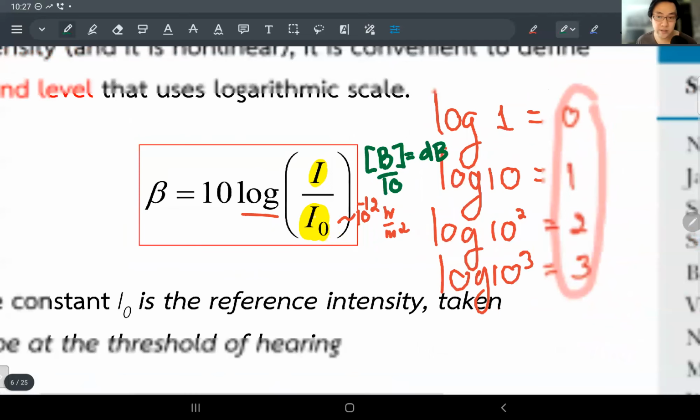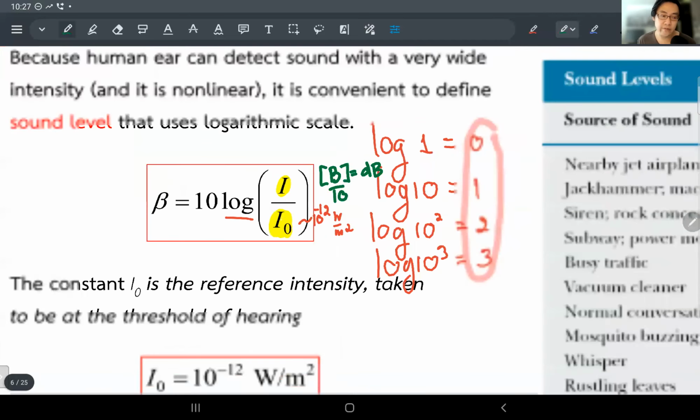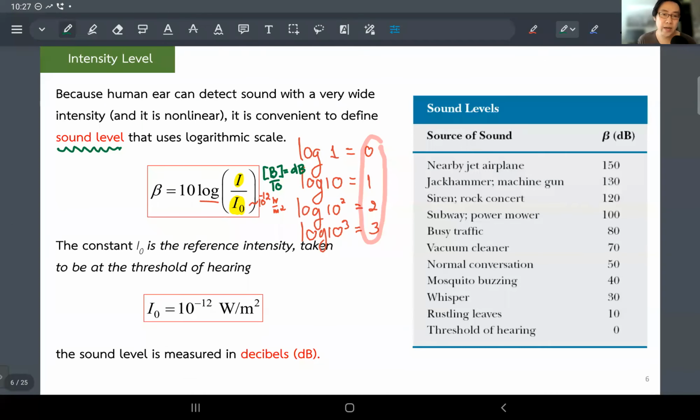I think you guys are familiar with that already. Every time you measure sound, it's in decibel. So now I hope you understand what is being measured. It's actually measuring the intensity under the log scale with the 10 factor in it. Plus, the full name of this one is called intensity level.